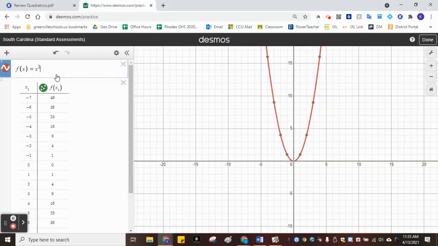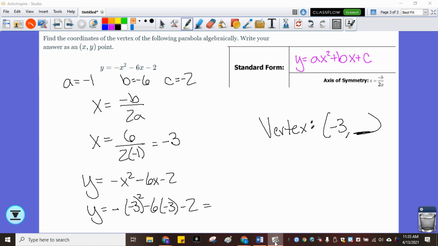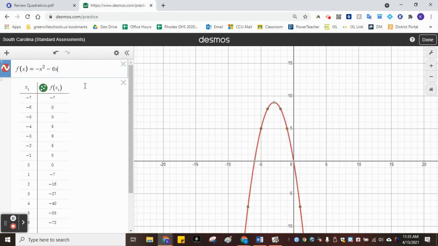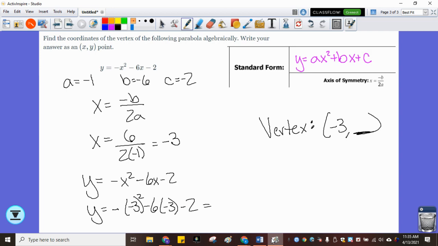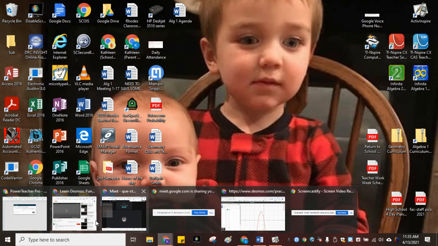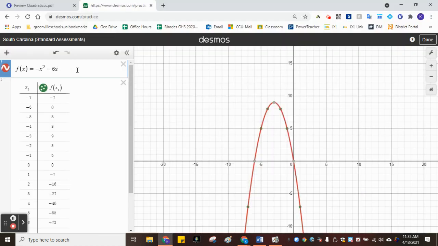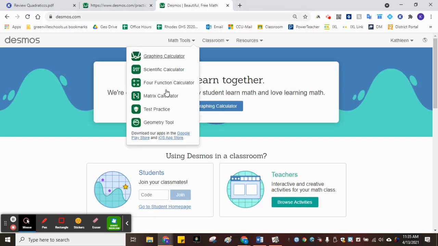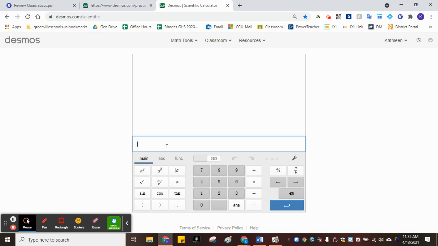Or graph it: negative x squared minus 6x minus 2. Or you found out it was negative 3, 7. Negative 3, 7. Or you can use your scientific calculator.